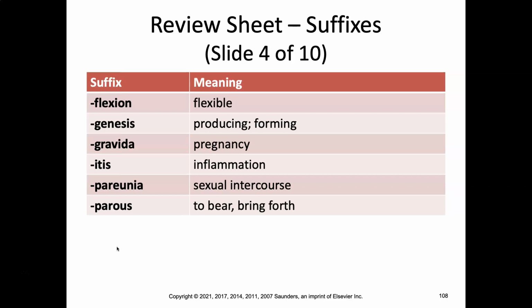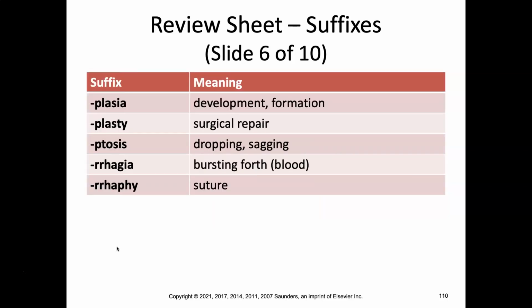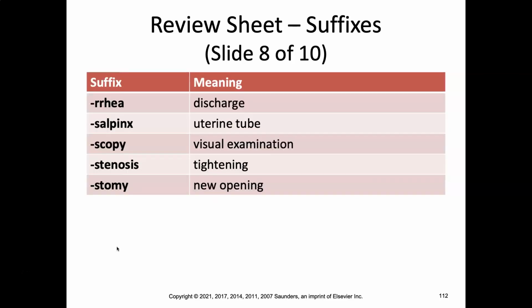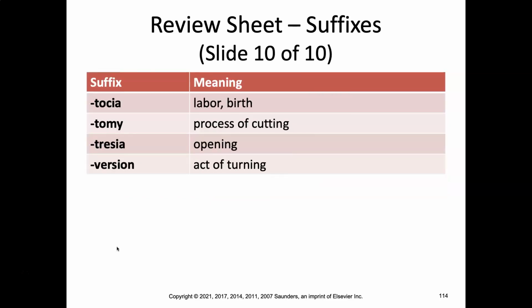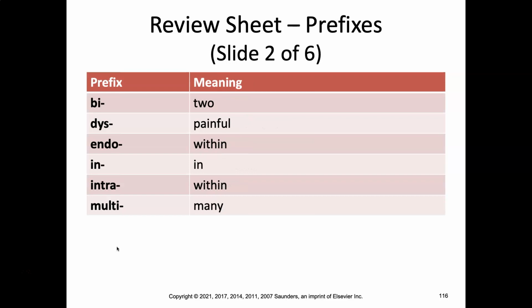Paris. Plasia, plasty, ptosis, ragia, raphy. Raphy is a new one for us. Watch out for that. R-H-A-P-H-Y. Raphy. Rhea, salpinx, scopy, stenosis, stomy. Tosha, tomy, tresia, version.